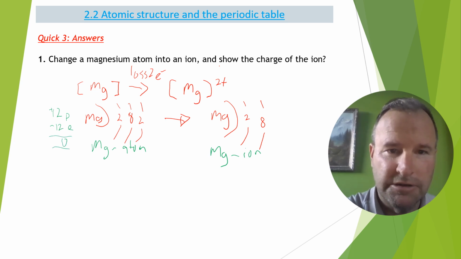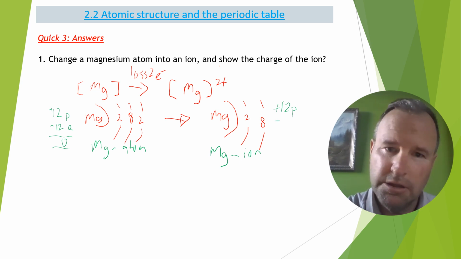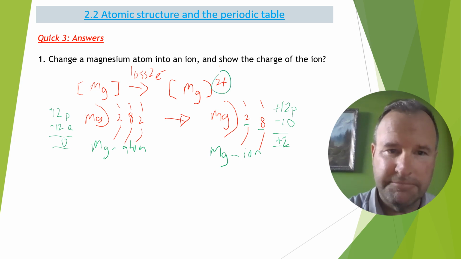Overall charge is 0. Over here, we've still got 12 protons, because remember, the protons aren't lost when we form ions, it's electrons. So we've lost 2 electrons, so 2 plus 8 is 10. So 12 take away 10 is plus 2. Hence that charge here.